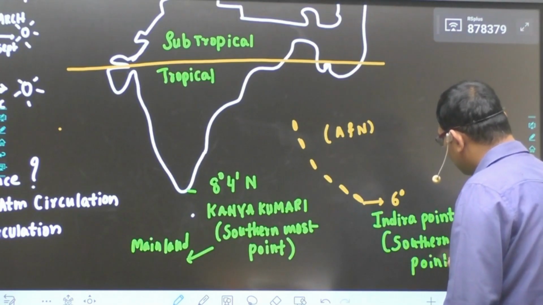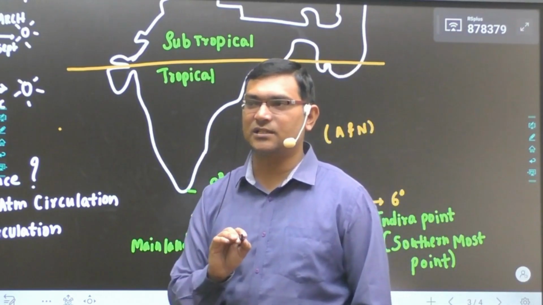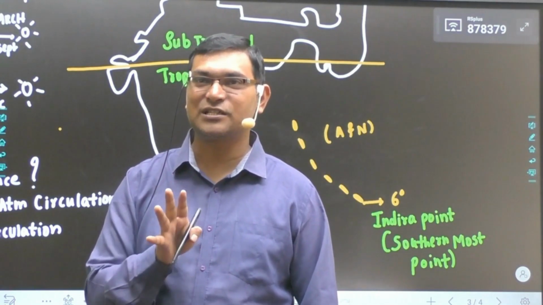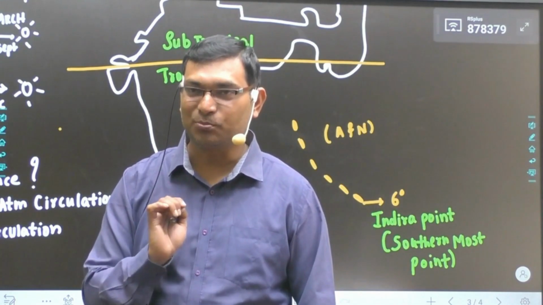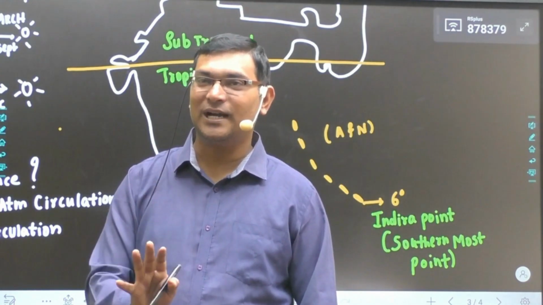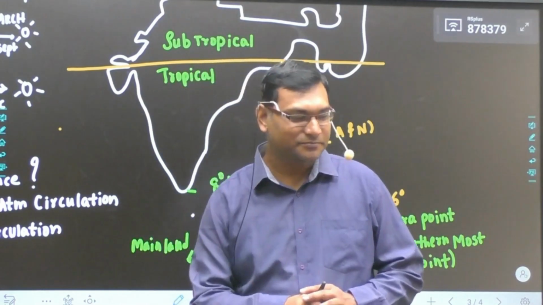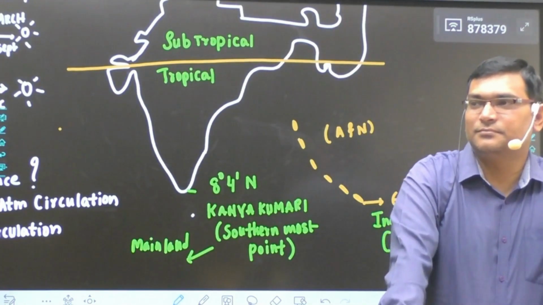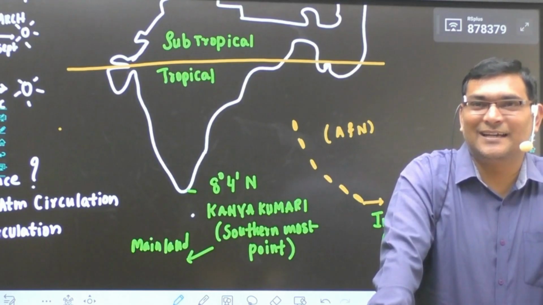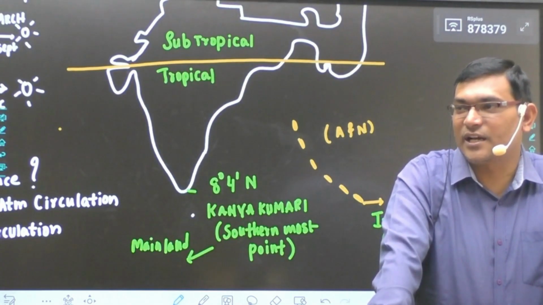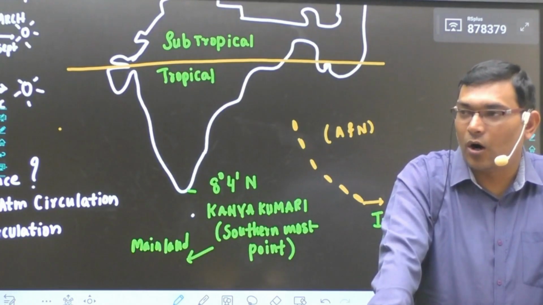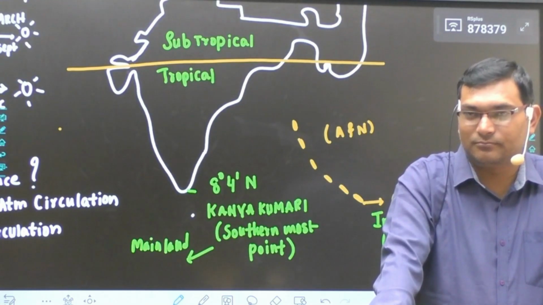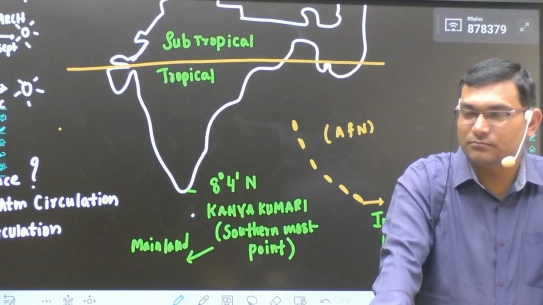Now tell me, listen to the question carefully. Does India get the first southwest monsoon winds or rainfall, or do the other countries surrounding India get it first?